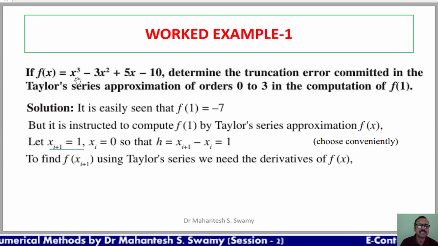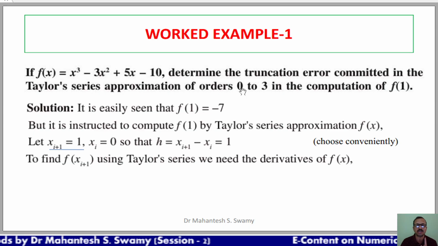The function is x cube minus 3x square plus 5x minus 10. Now we have to determine the truncation error committed in the Taylor series expansions of the order 0 to 3. That is nothing but we have to consider the Taylor series expansion containing only 1 term, 2 terms, 3 terms, and then 4 terms.